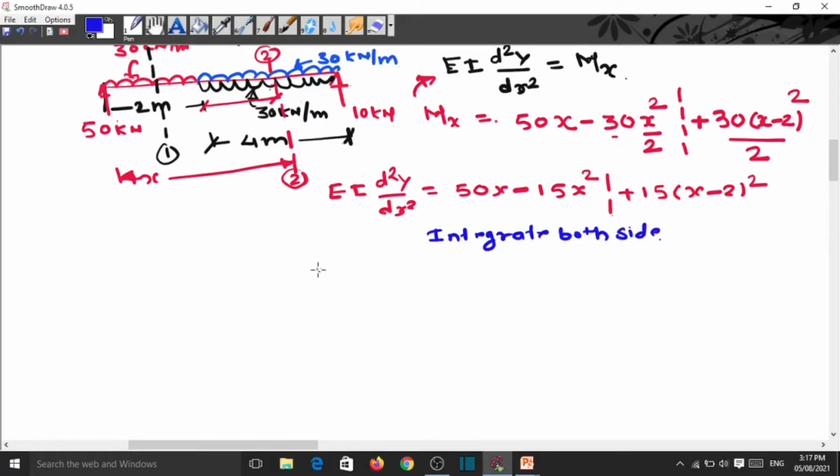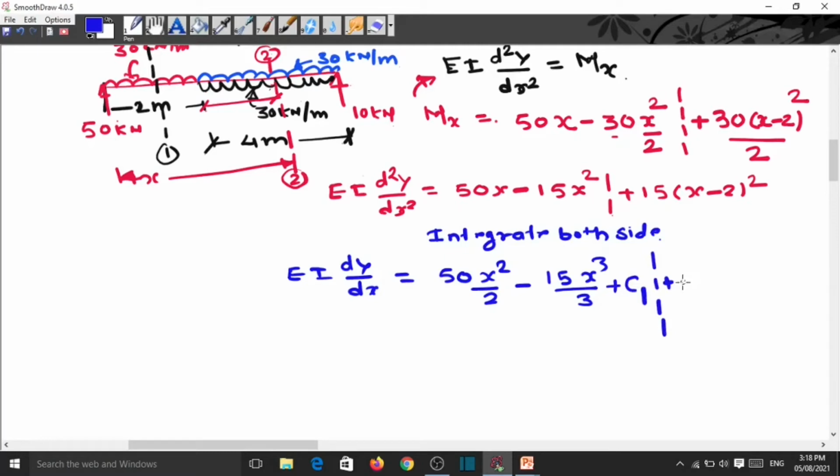So this becomes EI dy by dx is equal to 50 x square by 2 minus 15 x cube by 3, plus we add one constant of integration, C1, then the section, plus 15 bracket x minus 2 cube divided by 3.